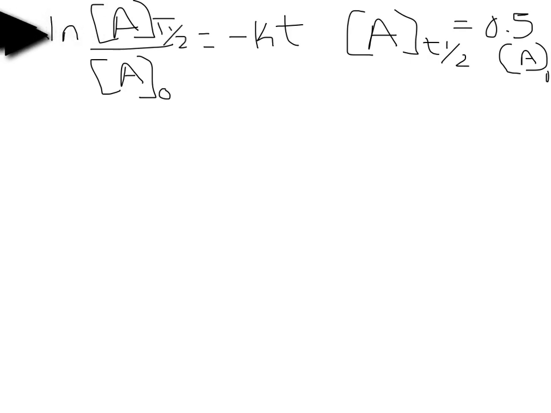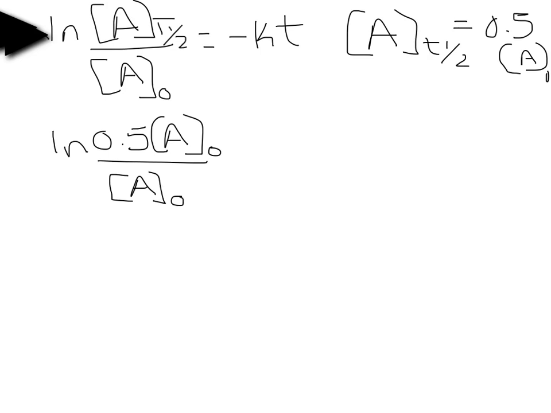If I do that, that would give me the natural log of 0.5 times the concentration of that original A over the concentration of A originally, equals a negative kt.